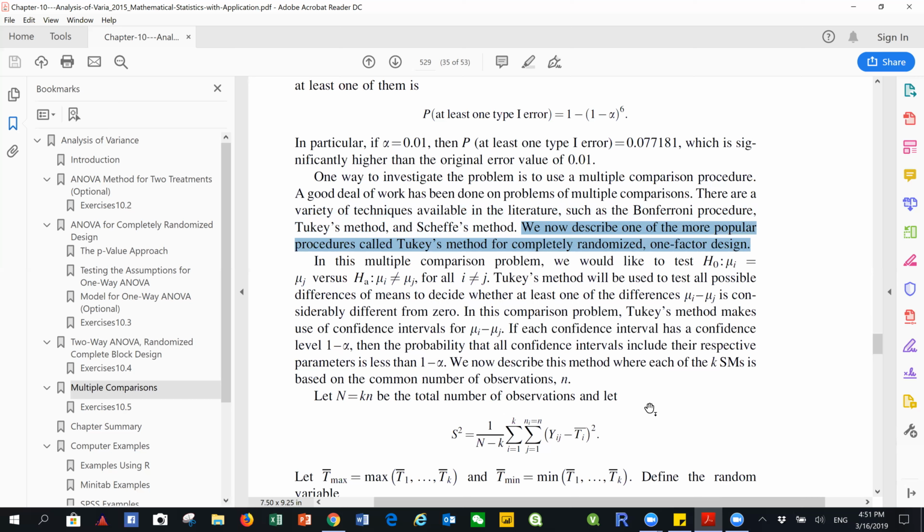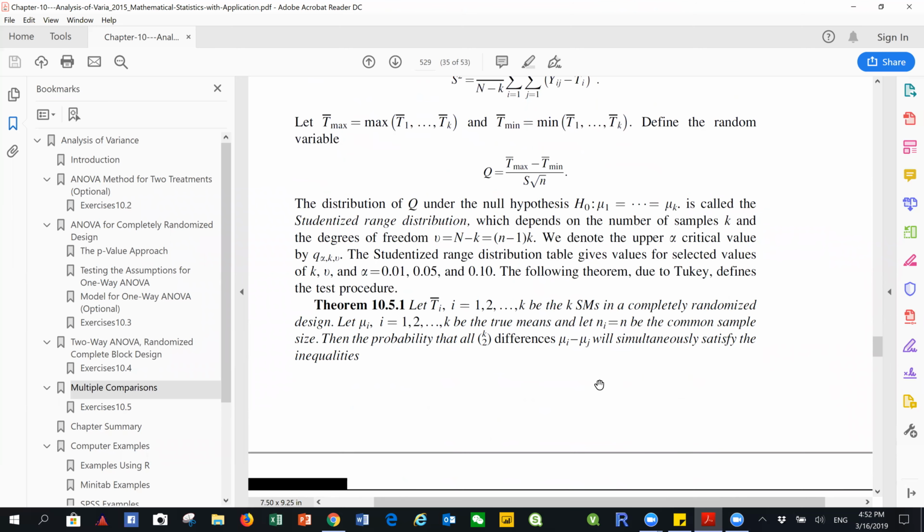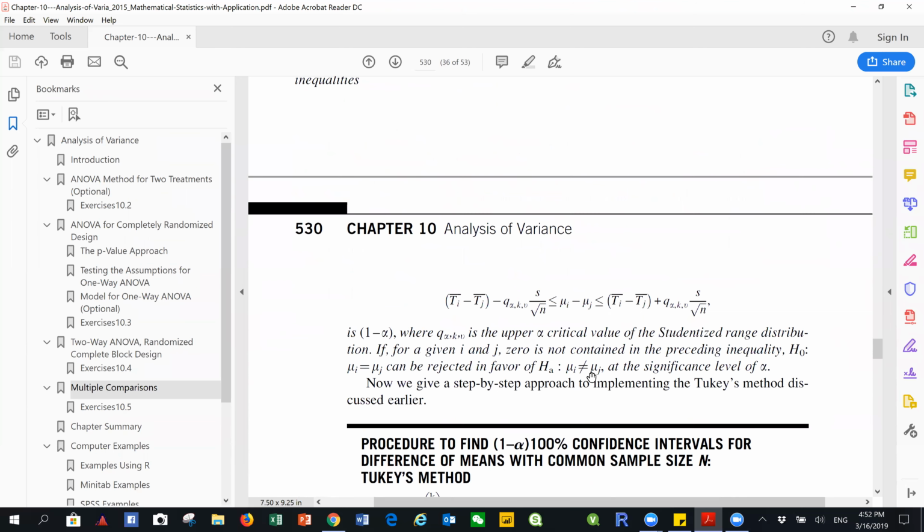Of course, you can dig more into these three methods and see the strengths and weaknesses, the pros and cons, for Tukey, Bonferroni, and Scheffé.